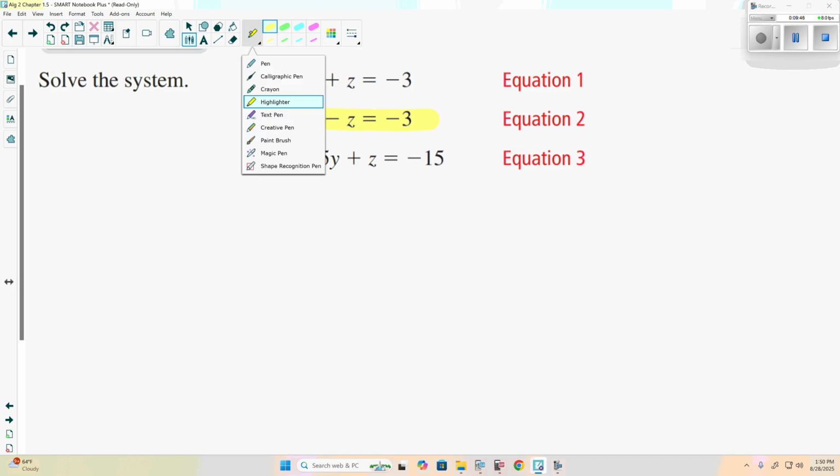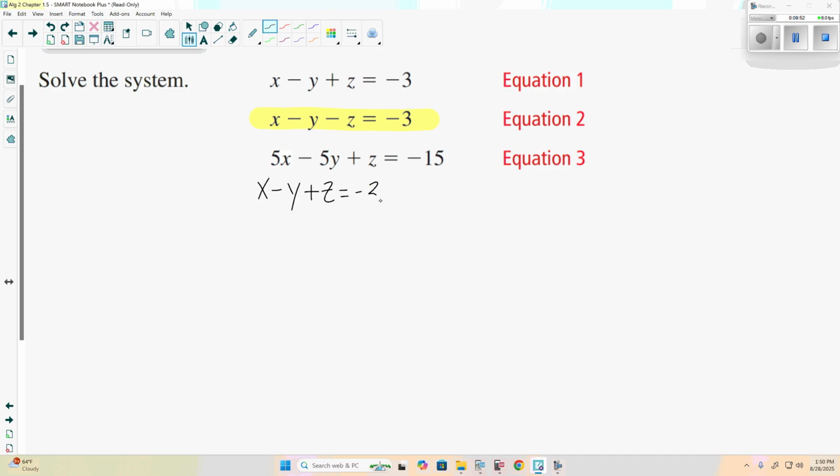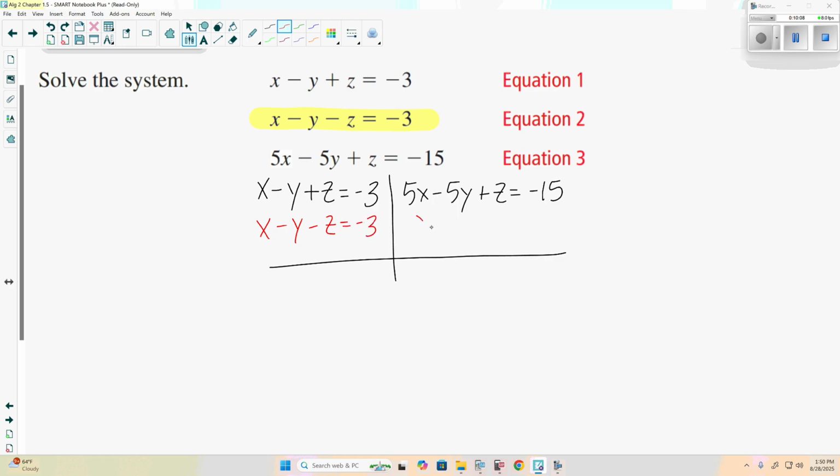All right. x minus y plus z equals negative 3. 5x minus 5y plus z equals negative 15. Now, luckily, z is already the same.